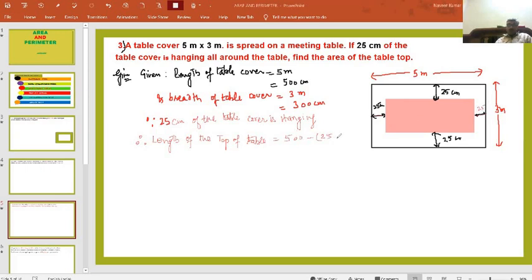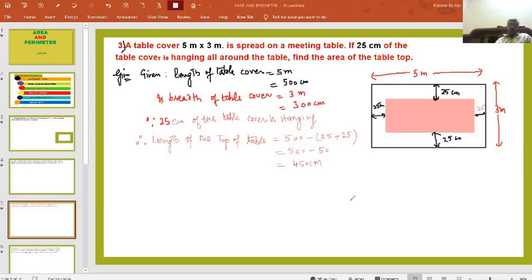We will subtract 25 plus 25. 25 plus 25 is how much? 50. Therefore, 500 minus 50 is equal to 450 centimeters.